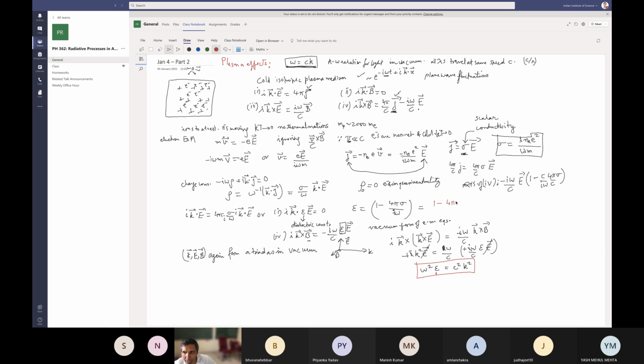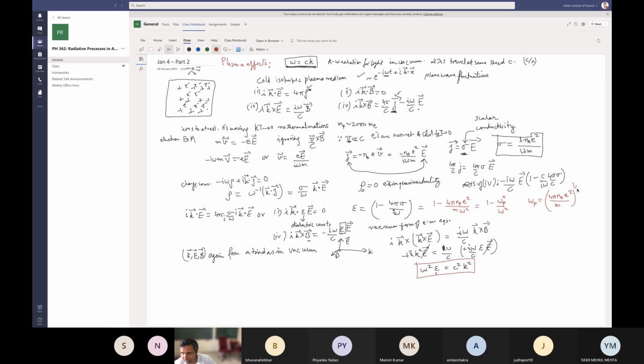So this is equal to 1 minus 4 pi Ne e squared, where Ne is the electron number density, divided by m omega squared, which is equal to 1 minus omega p squared by omega squared, where we have introduced omega p as the plasma frequency, 4 pi Ne e squared by m.